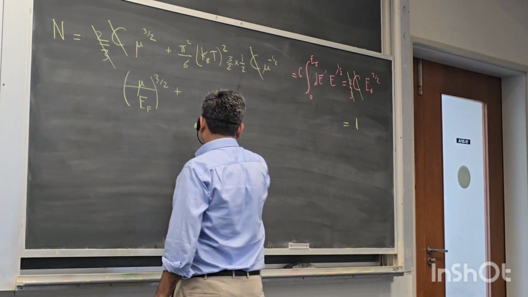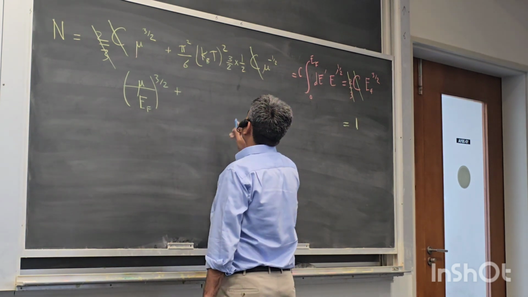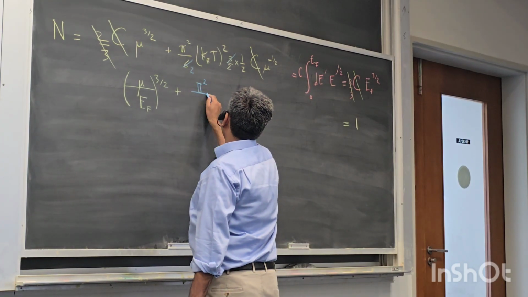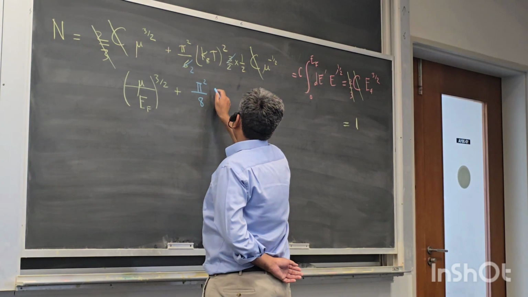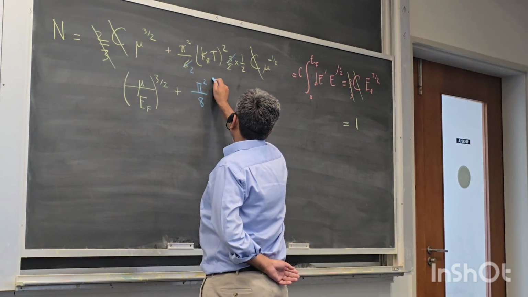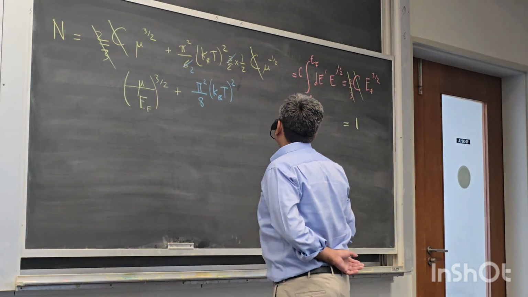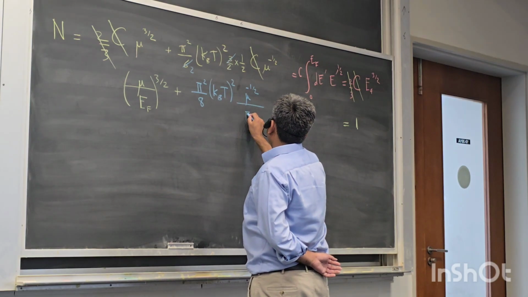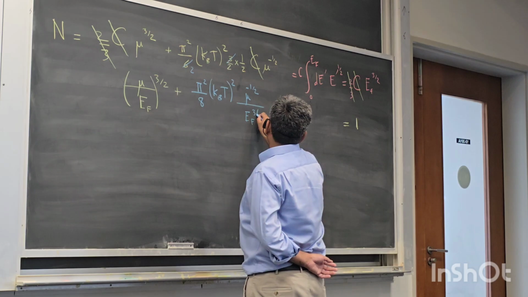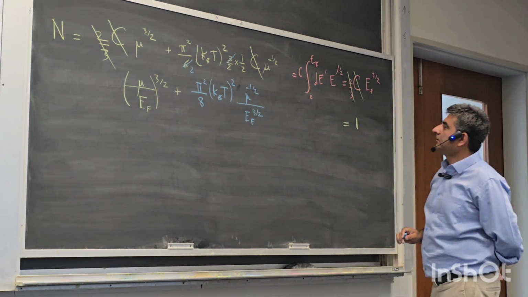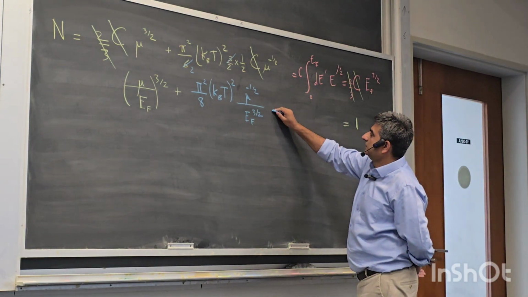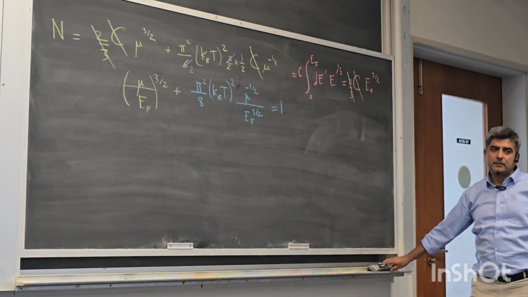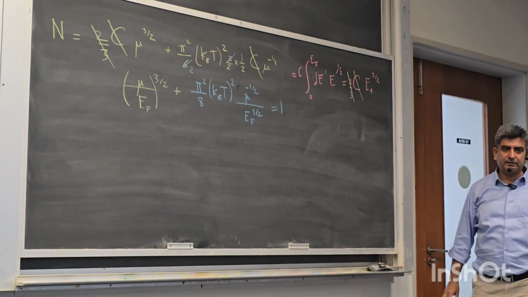plus pi square over 8 kBT square mu to the minus half over EF to the 3 by 2 equals 1. Right, so this makes sense.